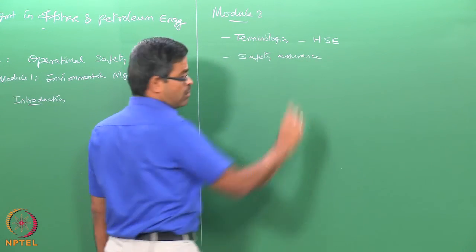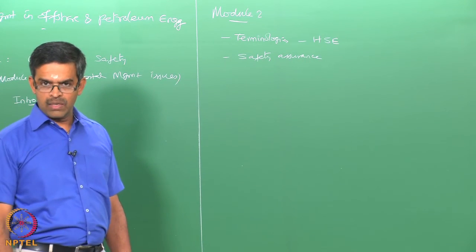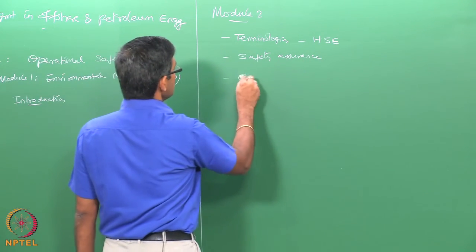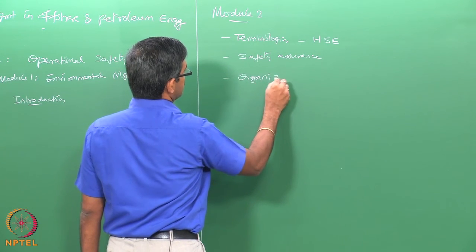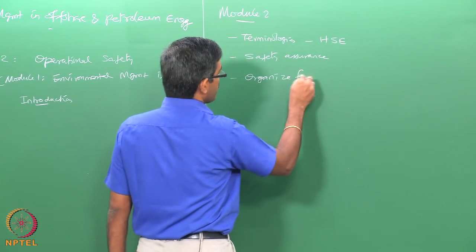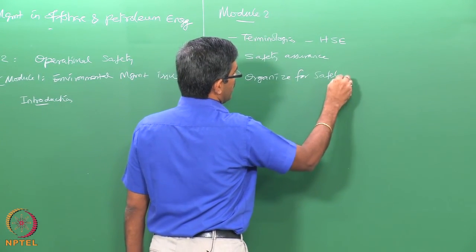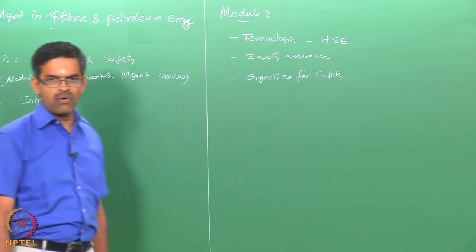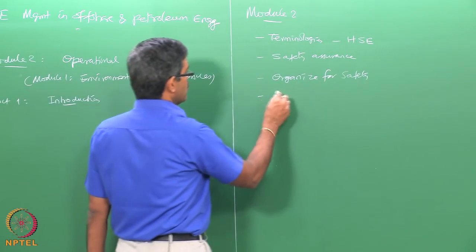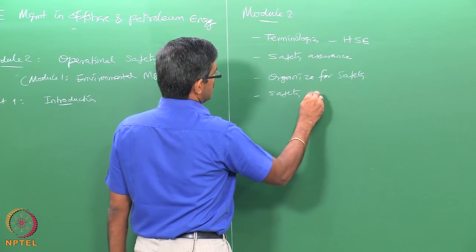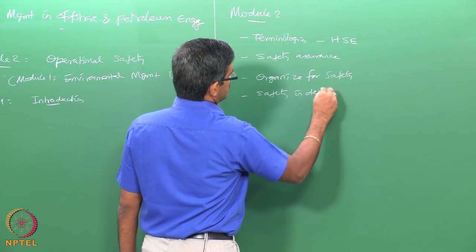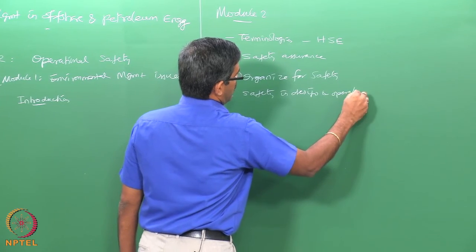How do you ensure safety in the working environment? Then we will talk about how to organize safety. What are the rules and regimens which we can follow. Then we will talk about what are the good practices of safety in design and operations.